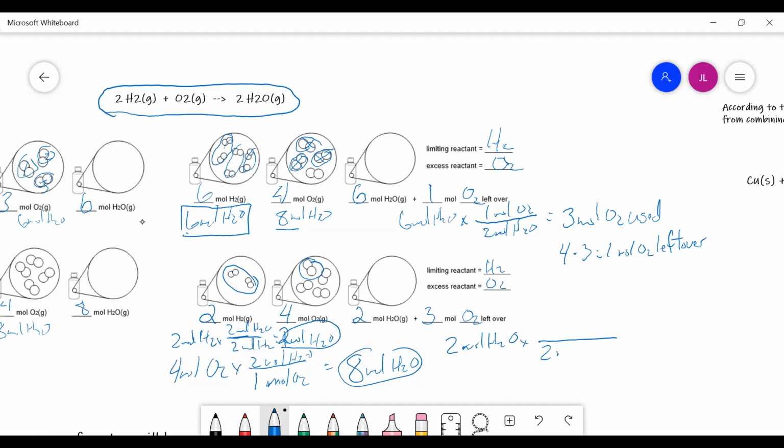Again, we use our molar ratio. 2 moles of H2O, 1 mole of oxygen. 2 divided by 2 gives me 1 mole of O2 used. And since we started with 4, 4 minus 1 gives me 3 O2 left over. And you can see that the math and the visualization work the same.